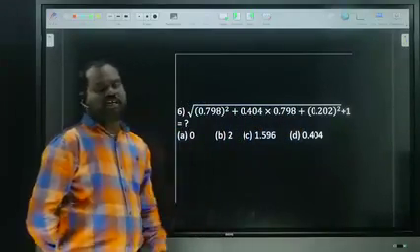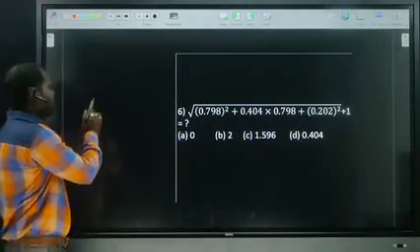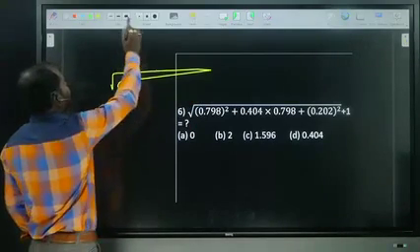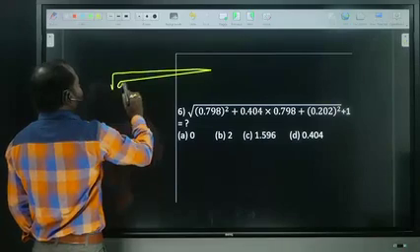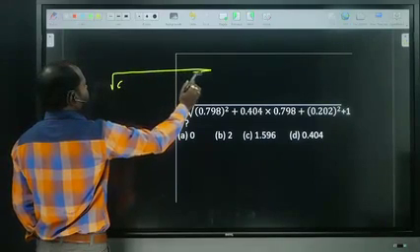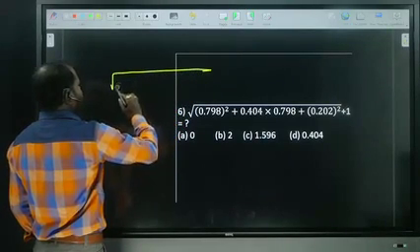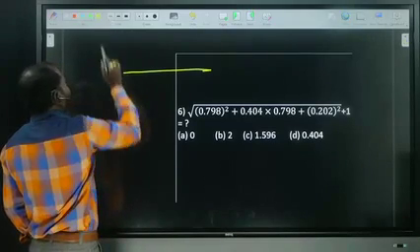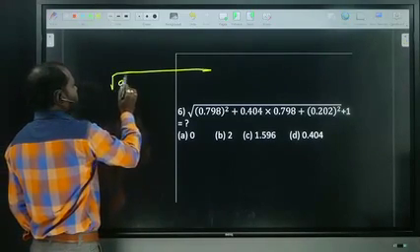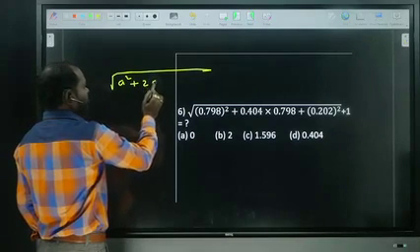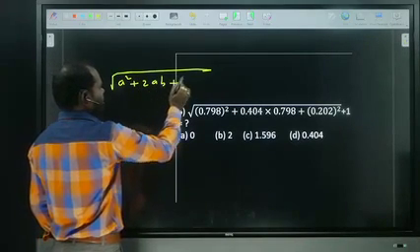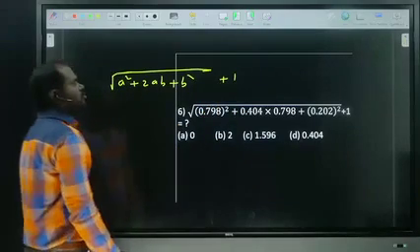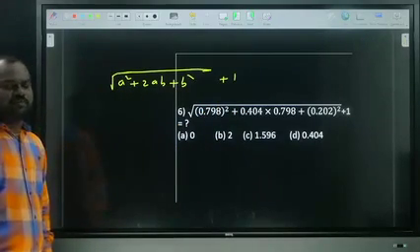So under the root, it is a square plus 2ab plus b square. Outside, one is there, write down one as it is.